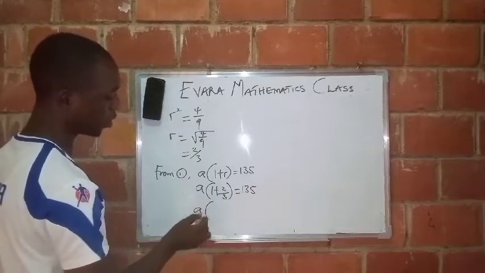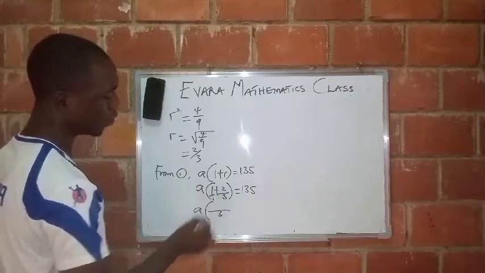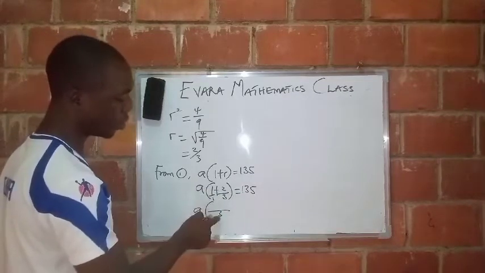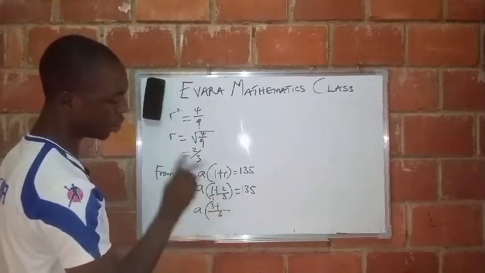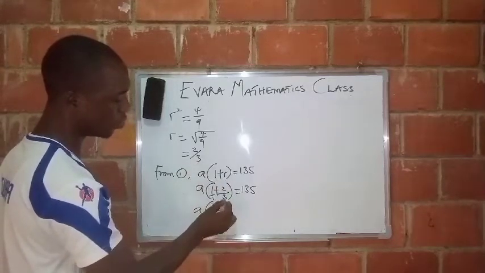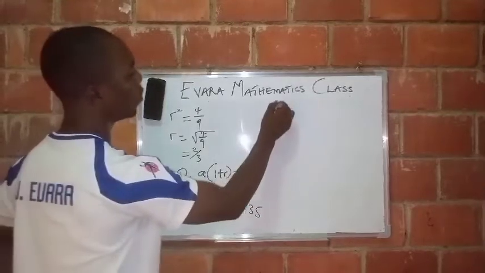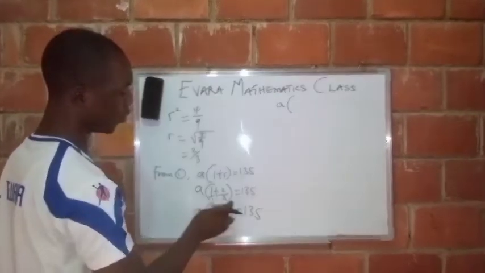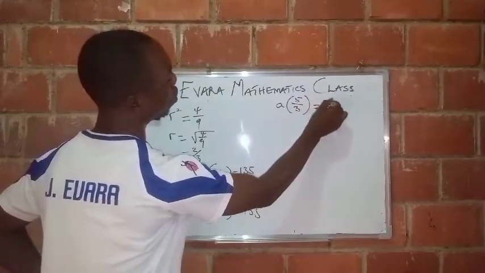In the bracket, find the LCM, 3. This one is equally 1 over 1. So 1 in 3 is 3, multiplied by 1, 3. 3 in 3 is 1, multiplied by 2 is 2. So we have A into 3 plus 2, 5 over 3 equals 135.